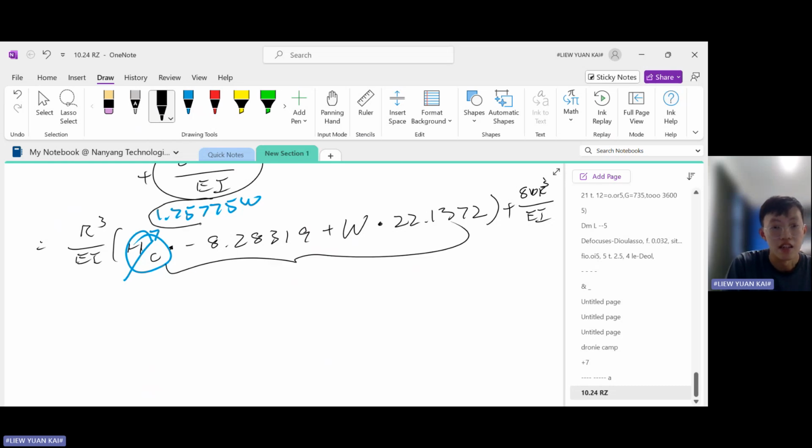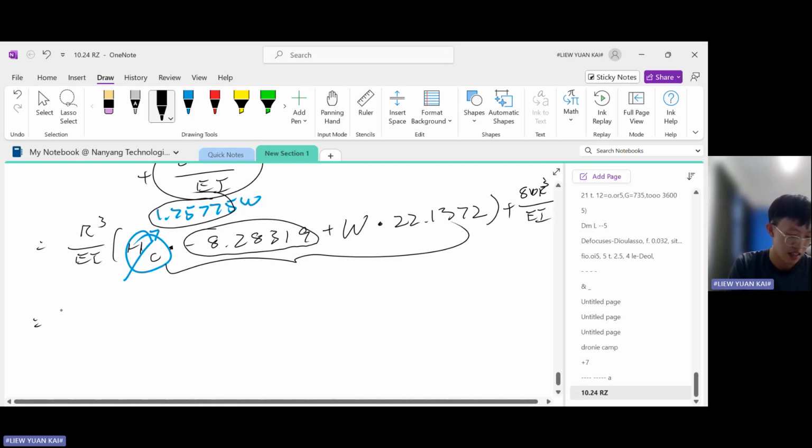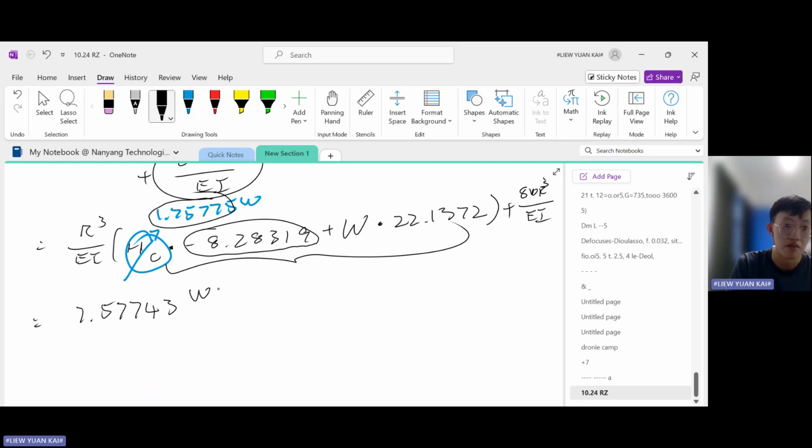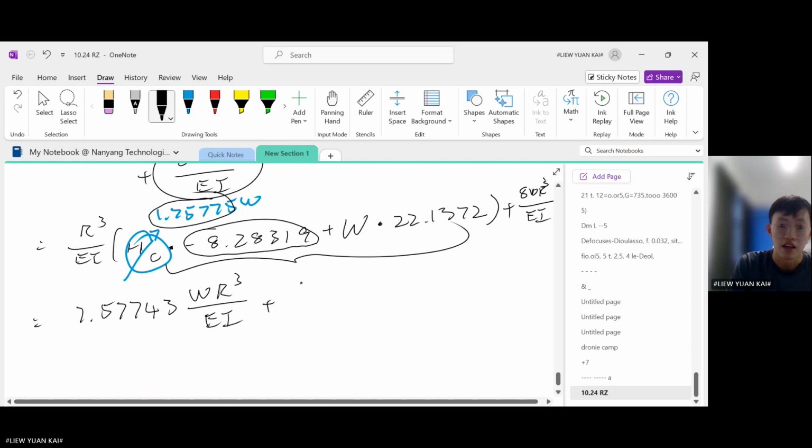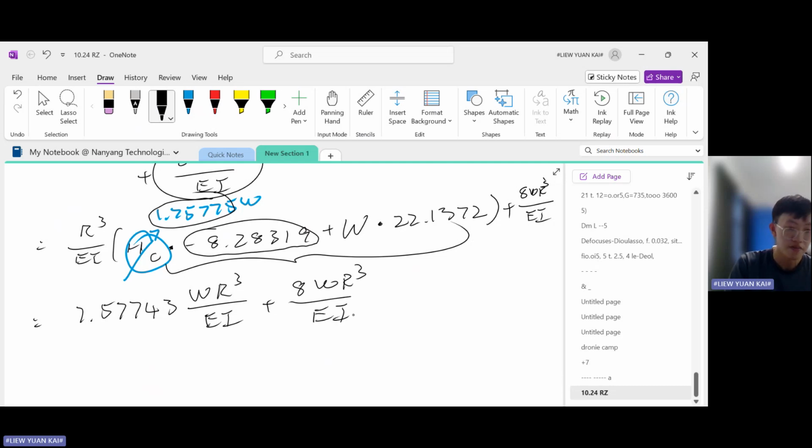So you take this times this negative 8.28 w, right? Then plus this, you add this all together because now they're all in terms of w. So you can do this, and then you will get 7.5774 wr cubed over EI, plus 8wr cubed over EI.